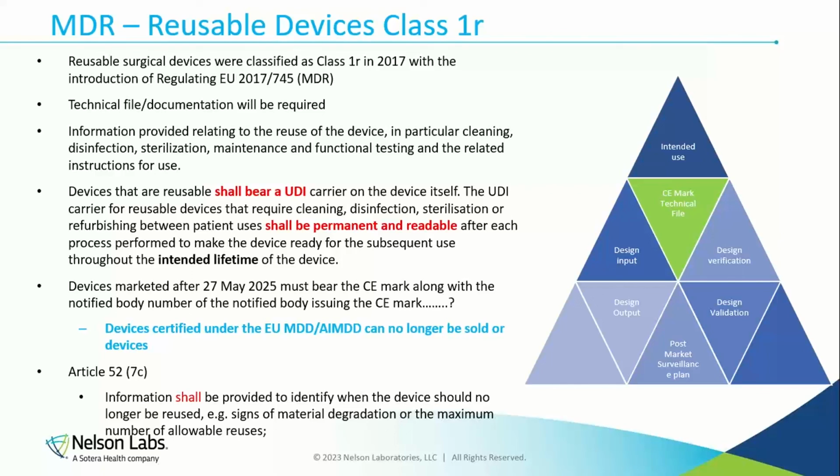Now I have a date here of 27th May 2025. We were just notified that there was an extension happening for class 1R, and that's 2028. So you do have additional time to get all of this stuff done, but it is a massive thing that you have to put together in your design history file to make sure of your compliance to MDR.